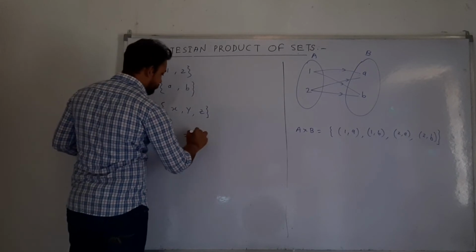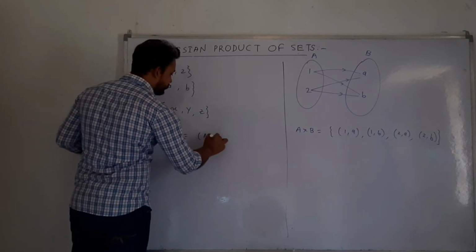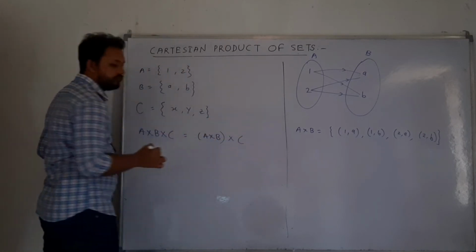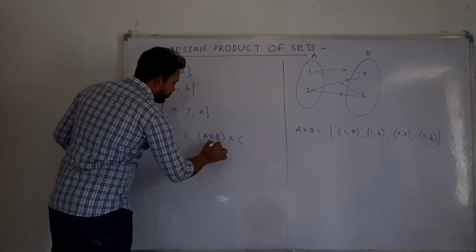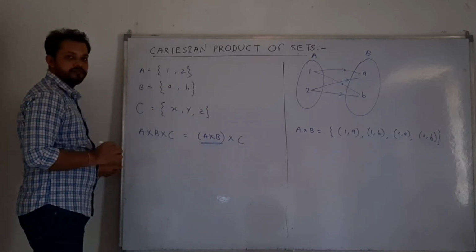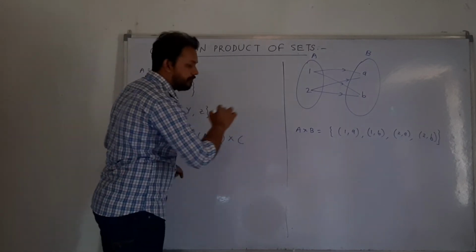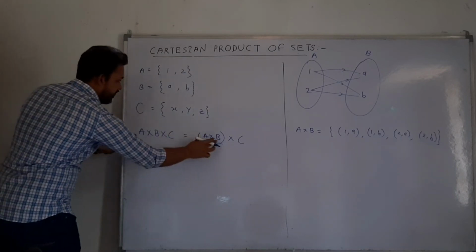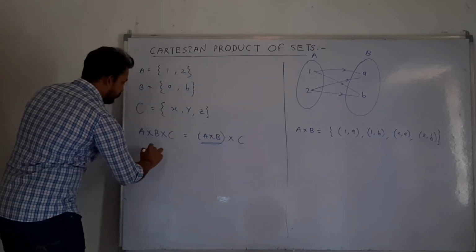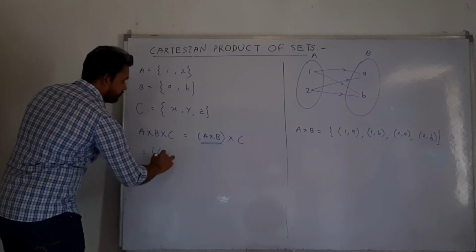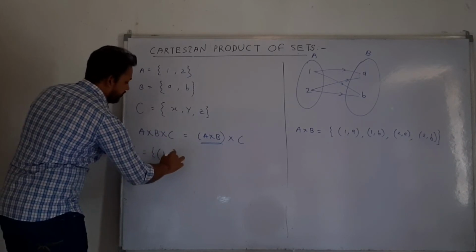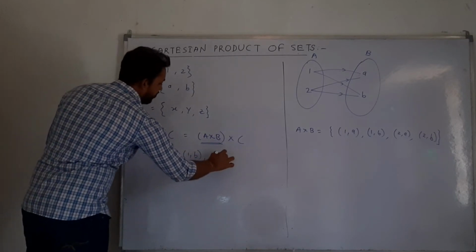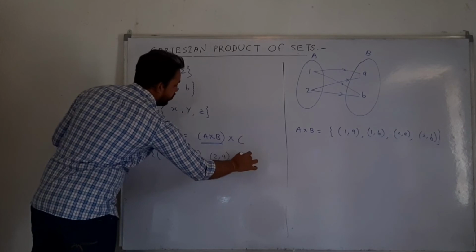First is (A cross B) cross C. We got the elements of A cross B, so let's put them: A cross B is equal to (1, a), (1, b), (2, a) and (2, b).